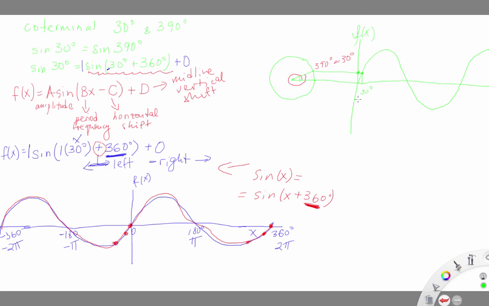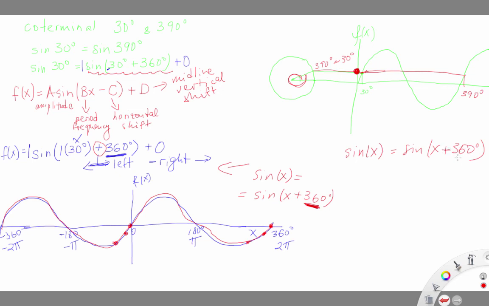However, if I take 390 degrees and go around the circle the way I already did, I still end up in the same place. Not at 30 degrees, just a little bit further down, here at 390 degrees. But my f of x value, my y value, stays the same. So now I hope you understand that sine of x is equal to sine of x plus 360, the way you saw it in the unit circle.